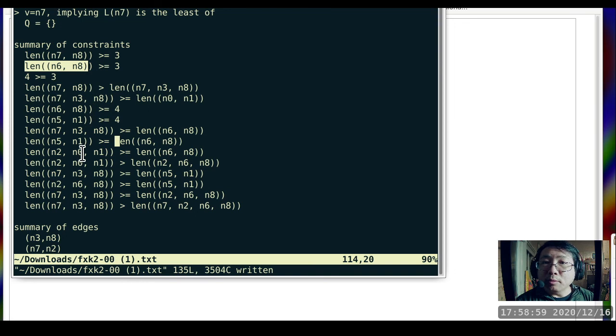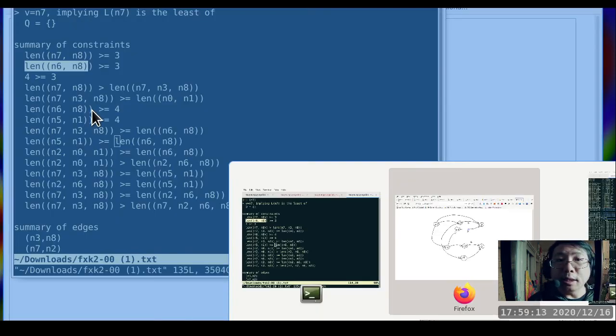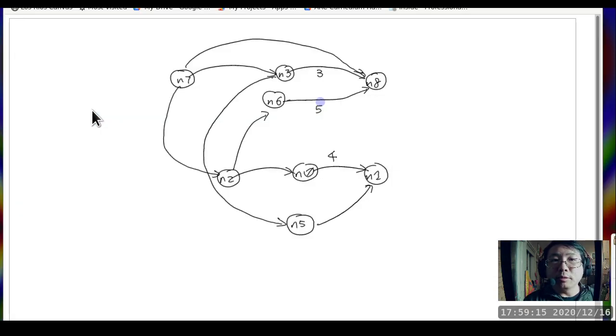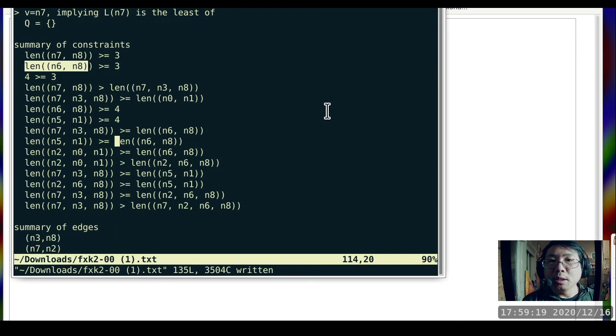And that's all the constraints about it. So n6 to n8 can be 5. So n6 to n8 is a 5, and pictorially speaking, this is what I have just added here. And now we replace all of those with a 5.